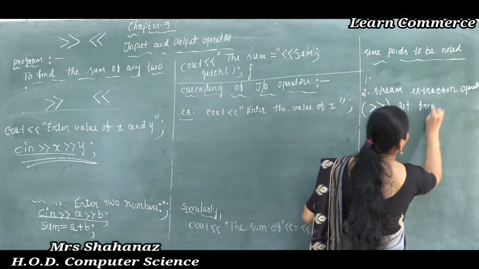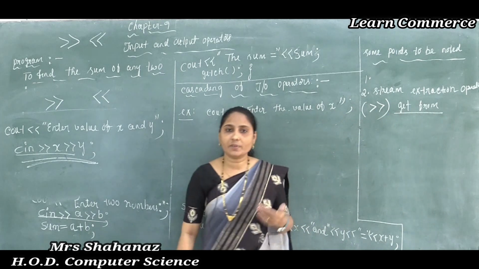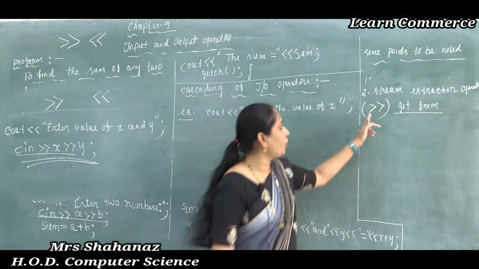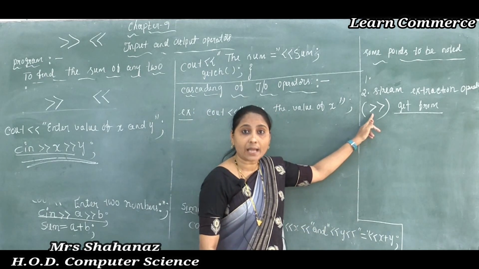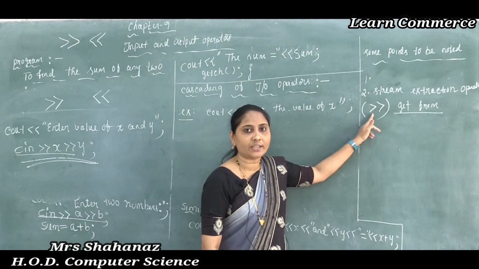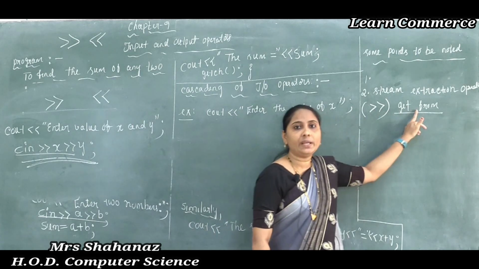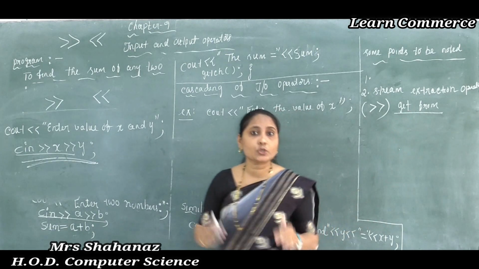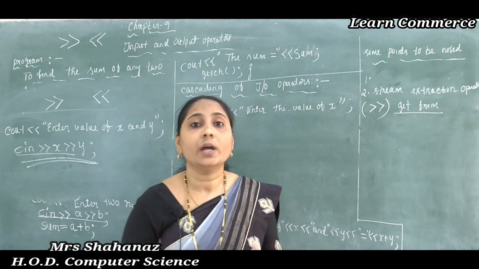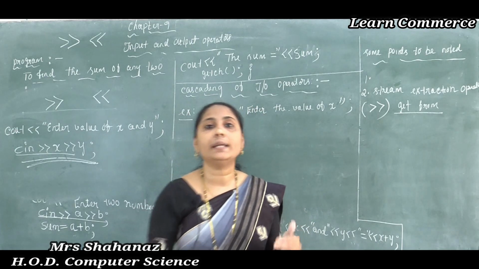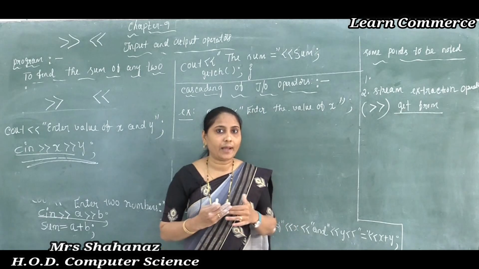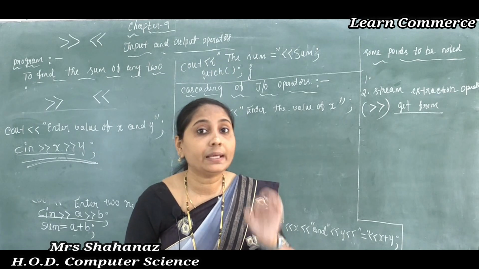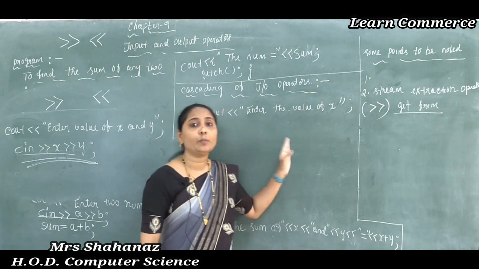So the input operator is also known as the stream extraction operator. The operator is written as two greater than signs. So this operator is called the stream extraction operator here, and the meaning of stream extraction here is get from. That means it is used to read the value from the standard input device. Correct? Now, we are getting the value from the keyboard. So this is about our input operator here.